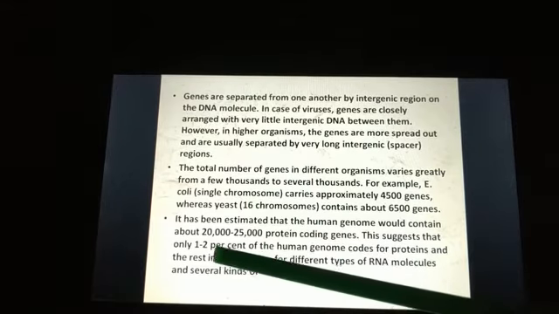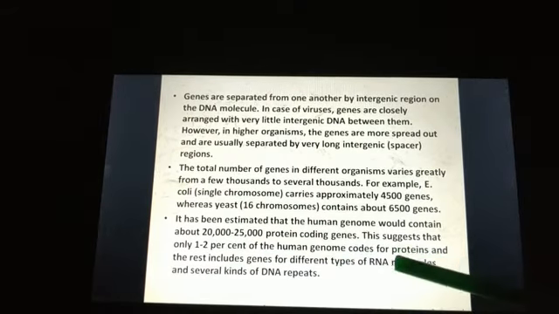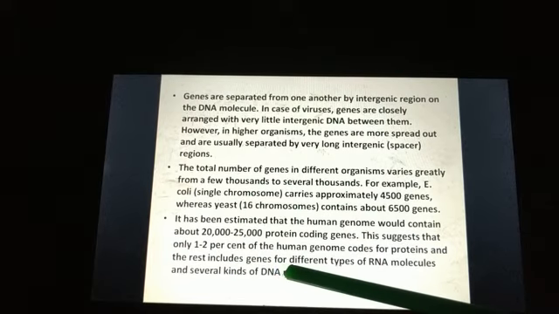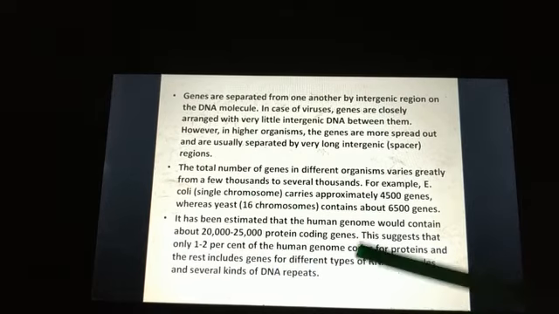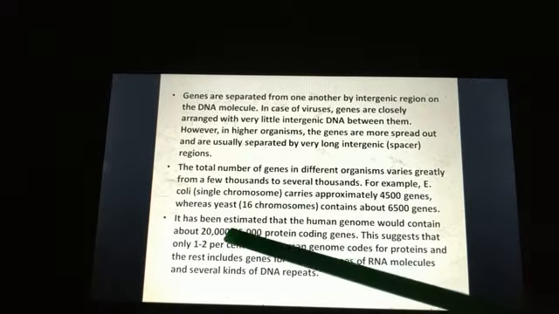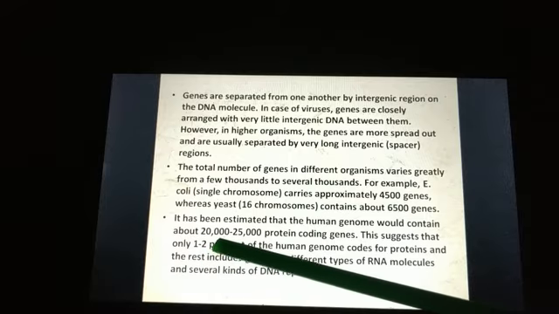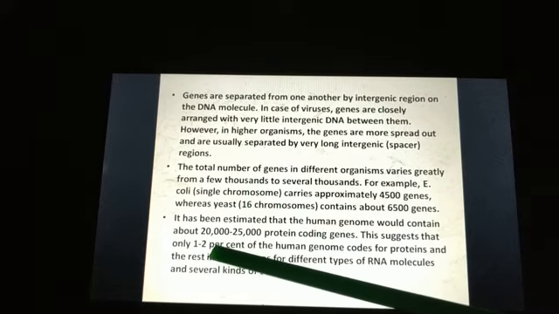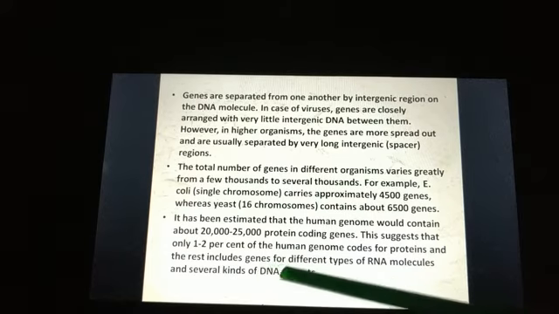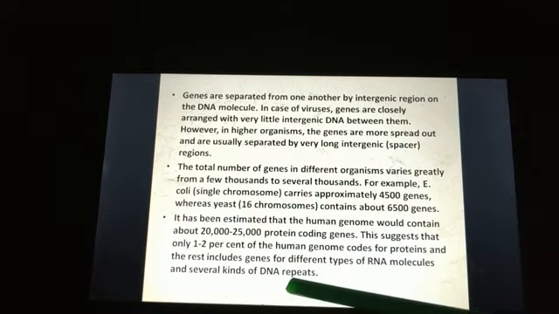Only 1 or 2% will code for a protein, and the rest include the genes for different types of RNA molecules and several kinds of DNA repeats. So only 1 or 2% will code for some protein in humans, and the rest are involved in other purposes.